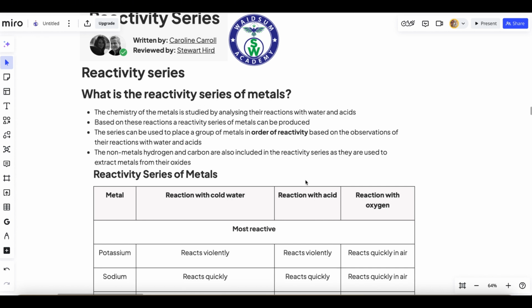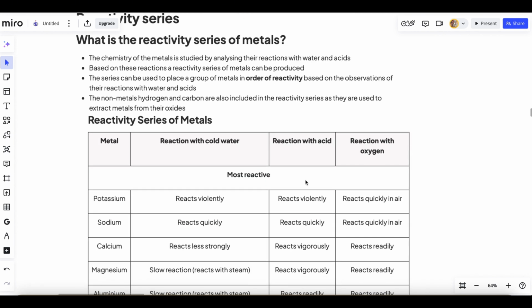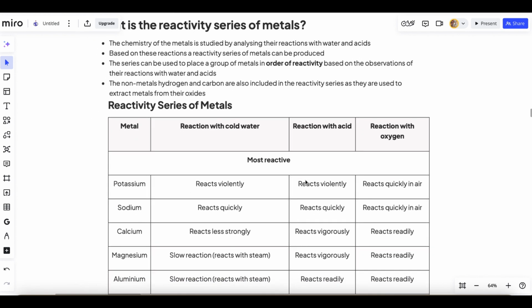Only two that are non-metals are carbon and hydrogen. So we're going to look at the reactivity series and see how the elements react, or which are more vigorous in reactions with cold water, reactions with steam, reactions with acid, and even probably reaction with oxygen.